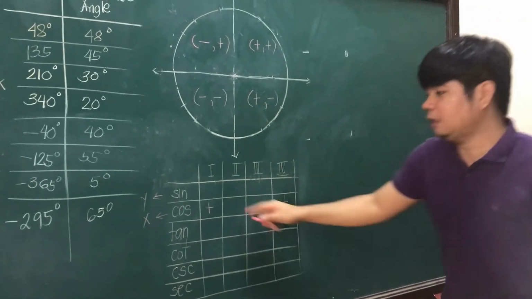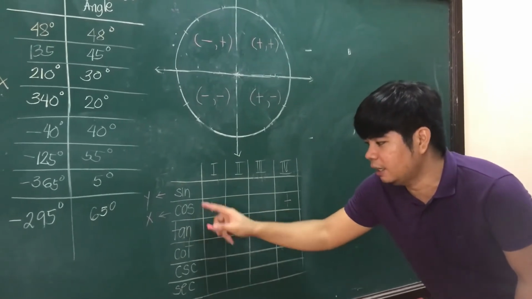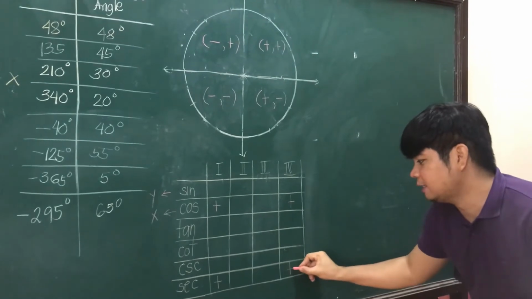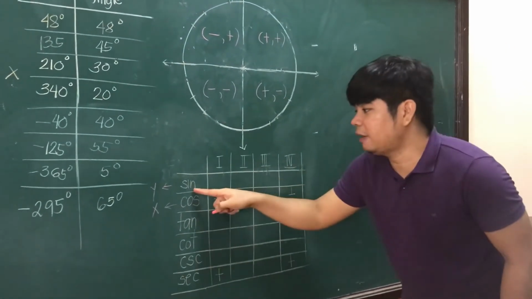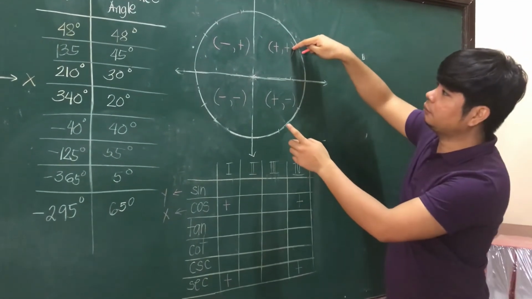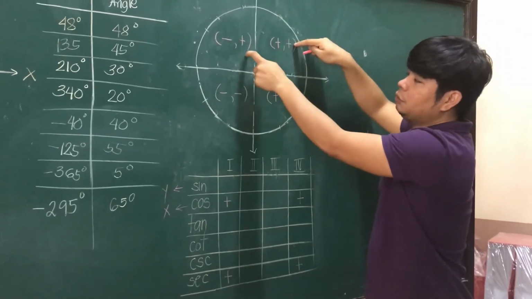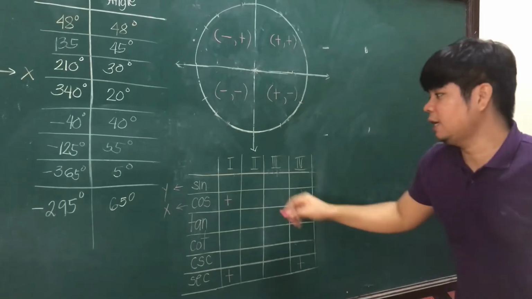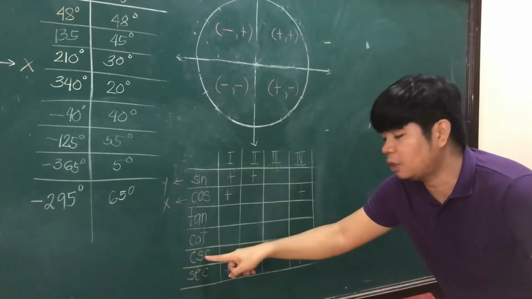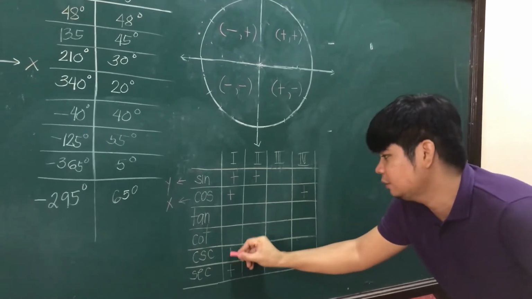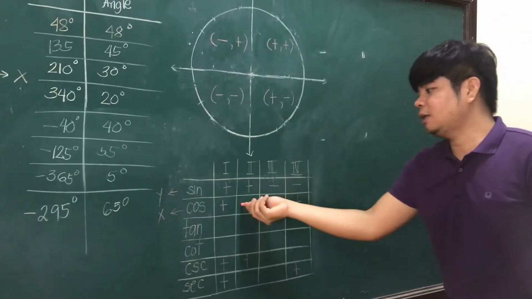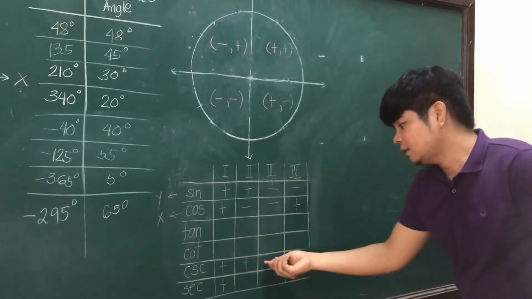So it follows that the reciprocal of cosine, which is secant, will also do the same. For sine function, in quadrant 1 and quadrant 2, positive and positive, and its reciprocal, cosecant, will do the same. So the remaining will now be negative, negative.